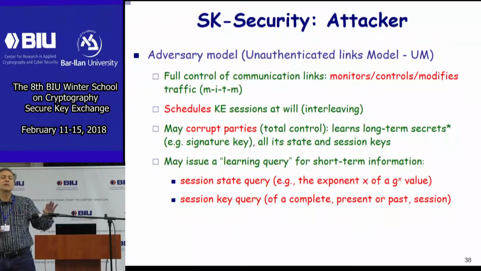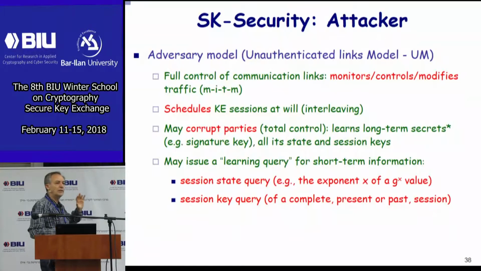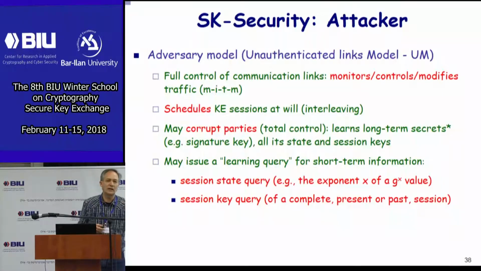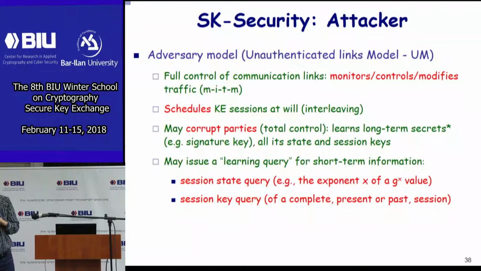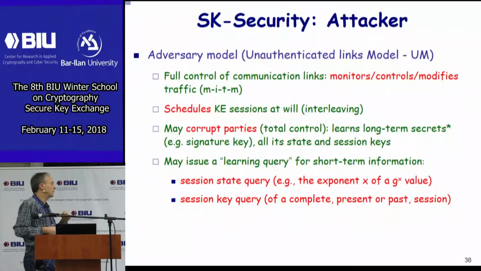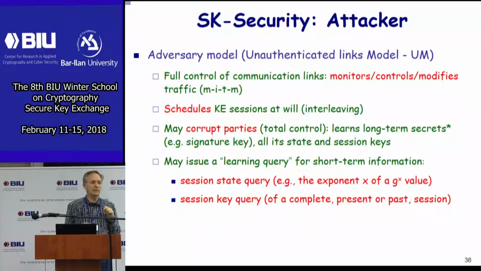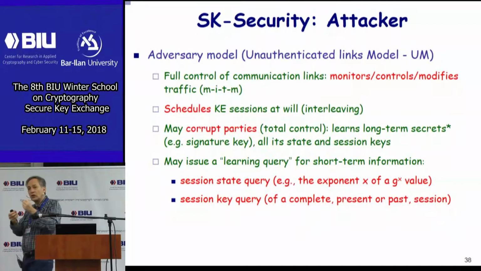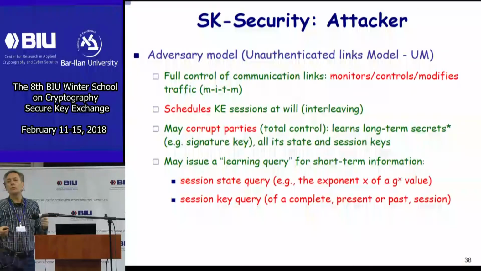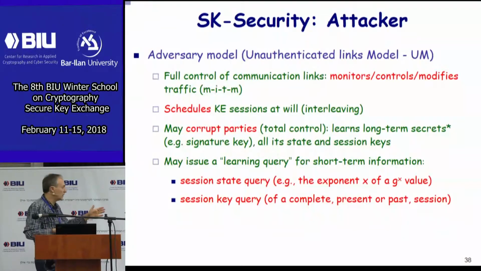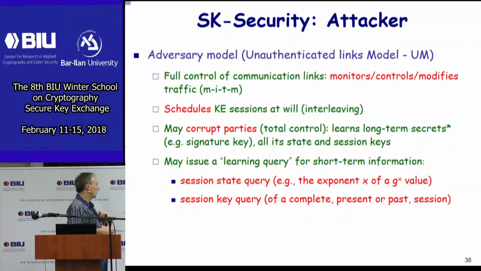There are refinements of this model saying, for example, even if the attacker found the private key of a party, there's still some security we can assume. For example, if the attacker found the key but is not controlling the party physically, then that party is using the private key to establish sessions not directly controlled by the attacker, and in that case, you still want these sessions to be secure. Some protocols will give you that property, some other protocols will not.